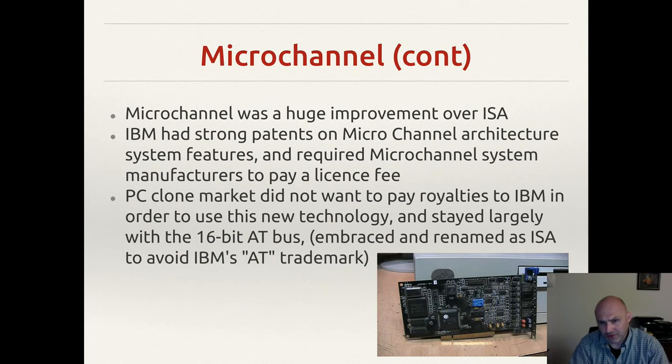Now, the problem with Micro Channel is that because it was proprietary, you had to buy their items. So, if I wanted a CD-ROM, which was a popular add-on to a computer back then, they came in these intervals like 4x, 8x, 16x, 32x.